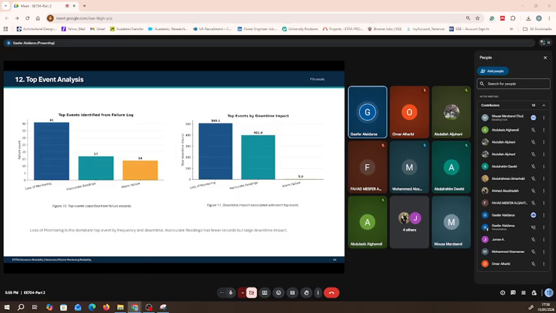This means that many observed failures affected the system's ability to provide continuous monitoring information at the central station. Inaccurate readings had fewer records, but had a large downtime impact. Alarm failure had fewer downtime hours compared with the other top events, but remains clinically important because even short alarm-related problems may affect staff response and patient safety.